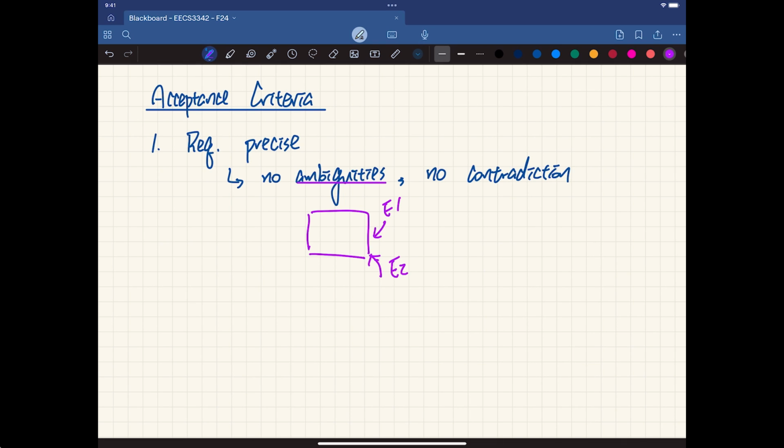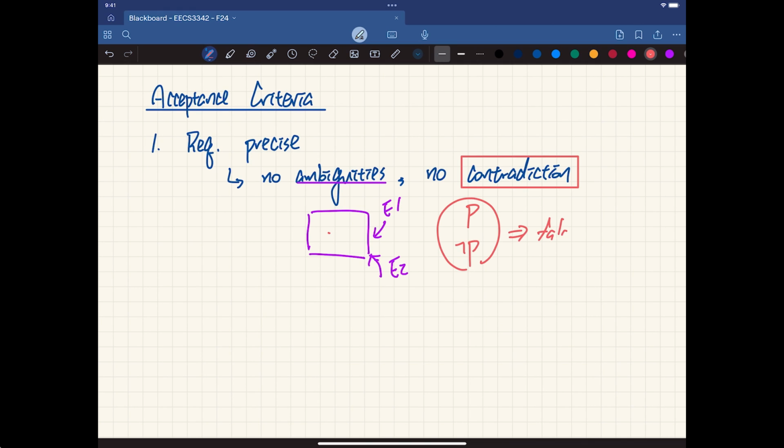If you get requirements presented to you, they should be very clear and very precise, with no ambiguity. And what about contradiction? We can easily understand this as, let's say in your requirements document, they should not state something and also state that it is not true. In that way, you just have a contradiction.